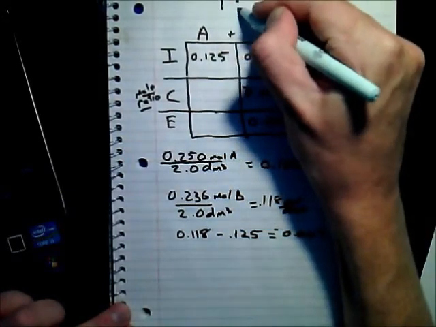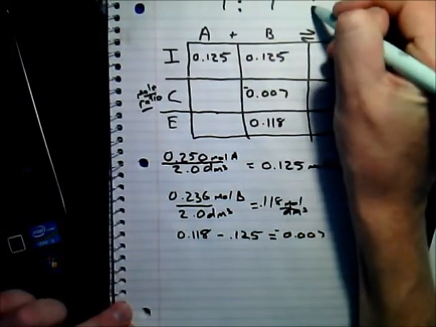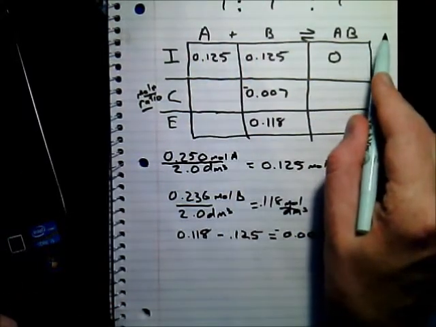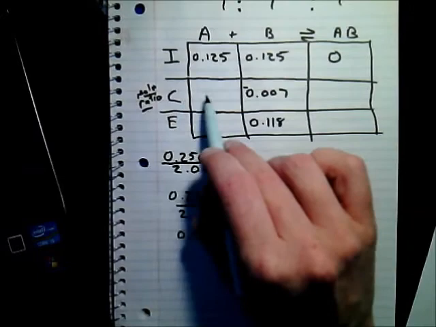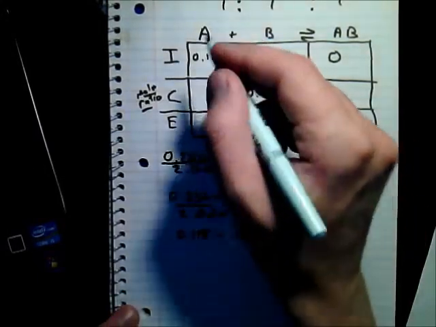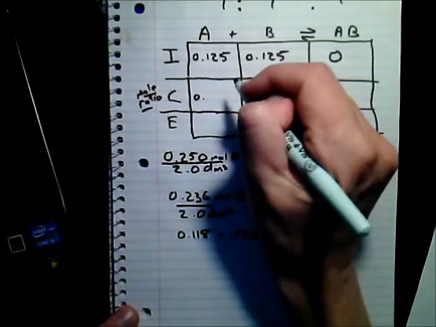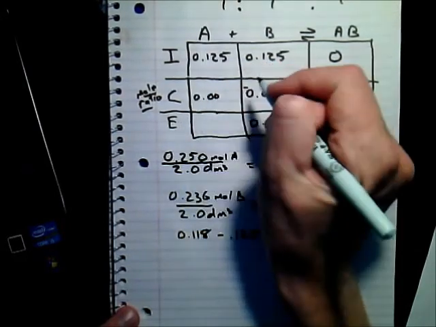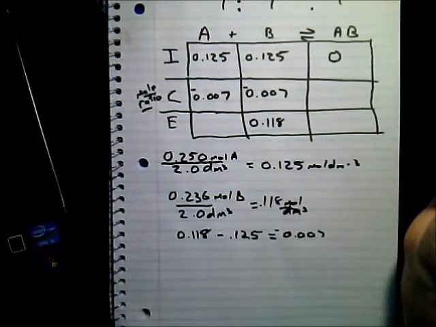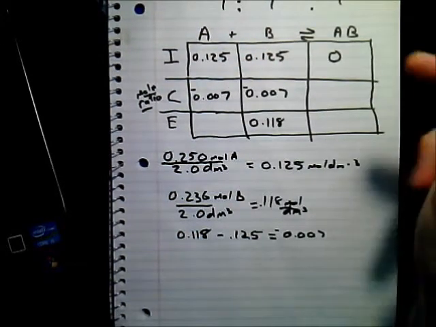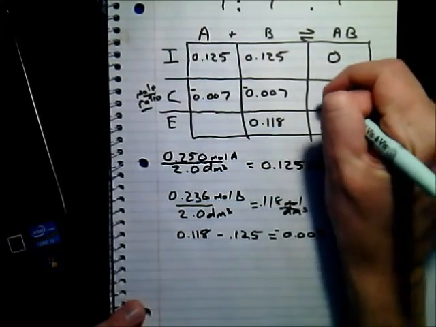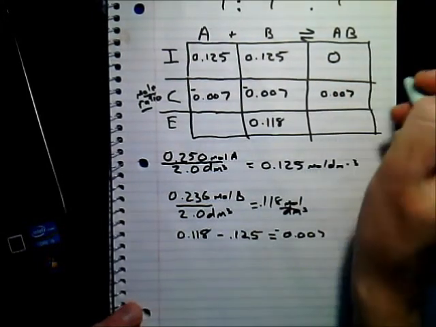So in this case, the mole ratio is 1 to 1 to 1. There's understood coefficients of 1 in front of everything. So that means my change has to follow exactly that mole ratio. Meaning, since it's 1 to 1, the change in C has to also be 0.007, negative. As far as AB goes, again, 1 to 1 ratio here, has to be 0.007.